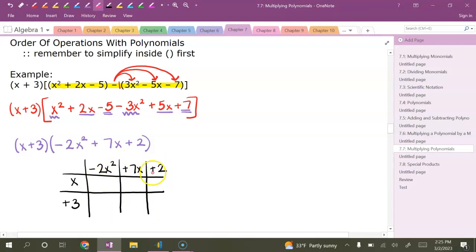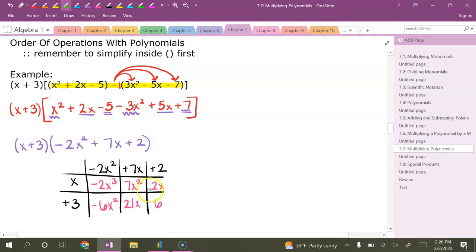So if I start multiplying, whether you're distributing or you're using the box method like I am, you should get the same terms in here. So I get negative 2x to the third, 7x squared, and then 2x. And then down below, I have negative 6x squared, 21x, and then positive 6.